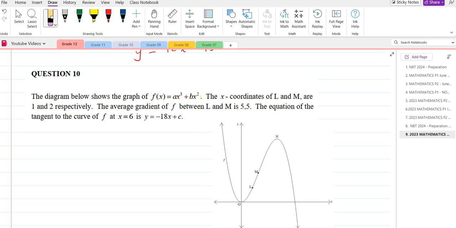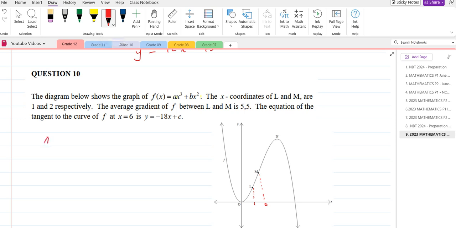The x coordinates of L and M are 1 and 2 respectively. So L is 1, and M is 2. The average gradient of f between L and M is 5.5.